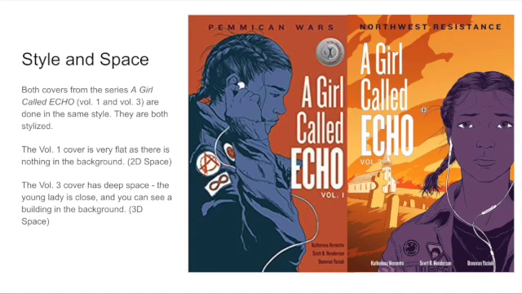With the third volume, this is one of my favorite graphic novel covers, because even though it's still kind of flat, it utilizes stylization in a way that's very similar to the first cover, but by using different shades or values of oranges, and scale, we're able to create a sense of depth.